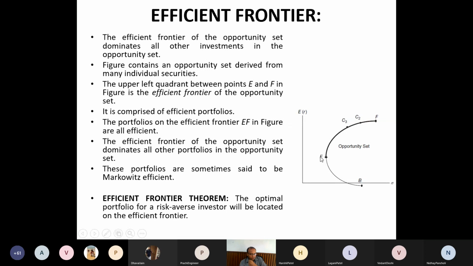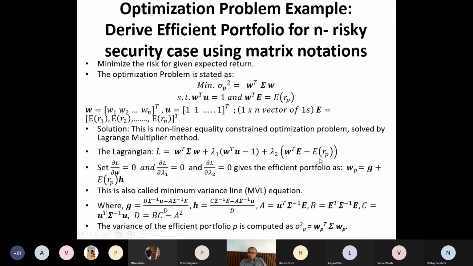Then we saw an example for a 3 security portfolio and extended it to the n security portfolio. So now we are interested in all these points ranging from E to F, and it can even extend beyond F if we are allowing short selling, right? So by looking at this optimization problem, we obtained the solution that the portfolio weights are given by this vector WP bar equal to G bar plus ERP times H bar. So see, it is a relation with the expected return from the portfolio, because the portfolio consists of n risky securities.